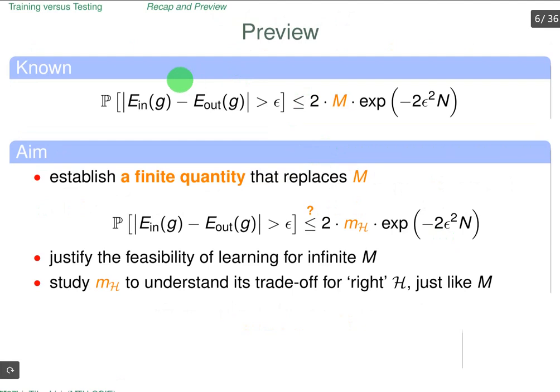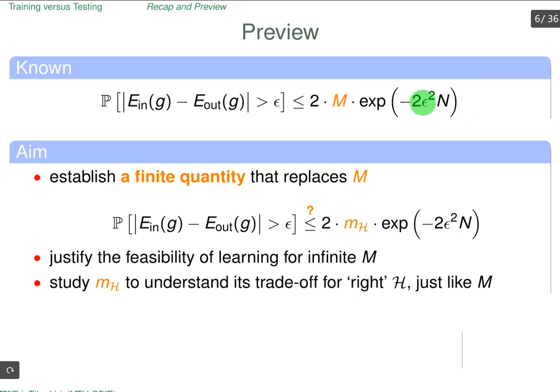So following this discussion, let's take a look at the probability of bad event. This is the extended Hoeffding inequality from the previous lecture to m different hypotheses. So the probability of bad event, this is the bad event, the absolute value of in-sample error being different from out-of-sample error greater than epsilon, is less than or equal to 2m exponential of minus 2 epsilon squared N. N is the number of examples.